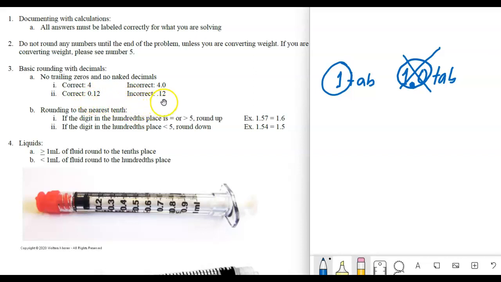The incorrect way is .12. Because if somebody writes .12 and doesn't see the decimal point, they read 12, and that's a lot, right? So we don't want that. We want to make sure that you write your 0 if it's less than 1 when it comes to your decimals.